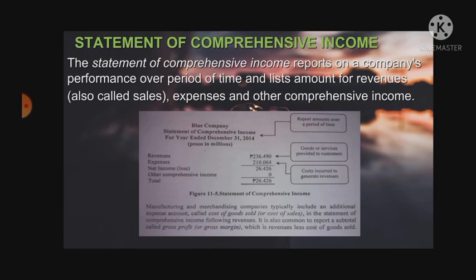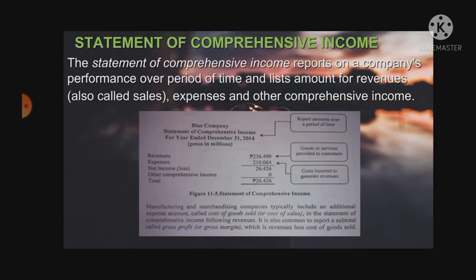The components of other comprehensive income include unrealized gain or loss on equity investment measured at fair value through other comprehensive income. Unrealized gain or loss on debt investment measured at fair value through other comprehensive income.